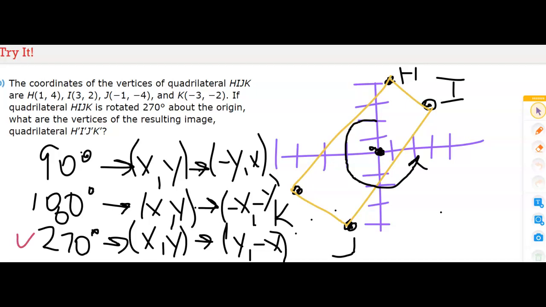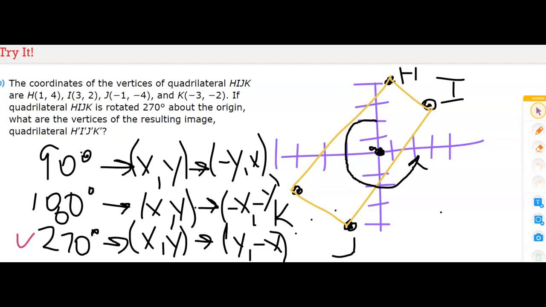If we look at this one, I'm going to take H as the point I'm looking at. If it's positive x, positive y and I rotate that 270, the rule says y and then negative x.